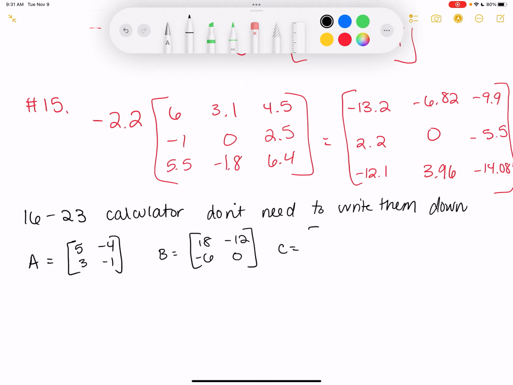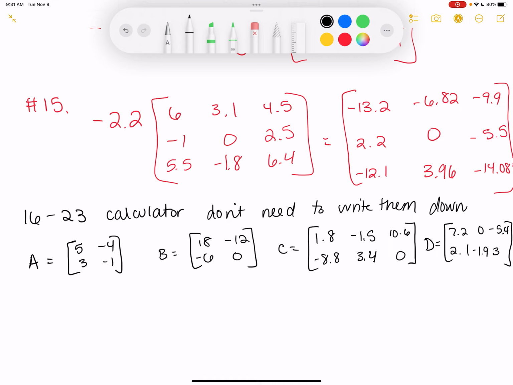C is 1.8, -1.5, 10.6, -8.8, 3.4, 0. D is 7.2, 0, -5.4, 2.1, -1.9, and 3.3.